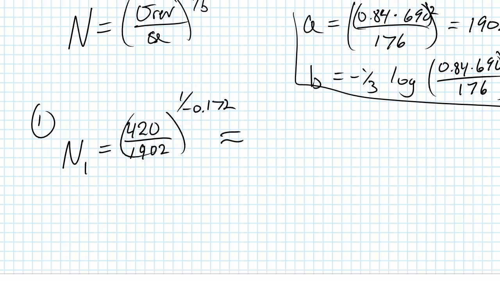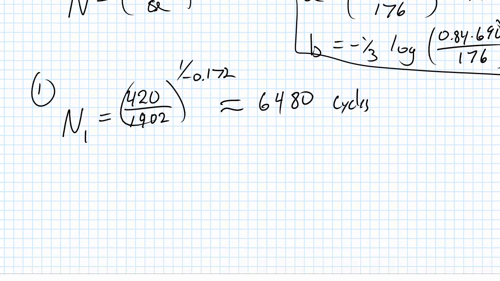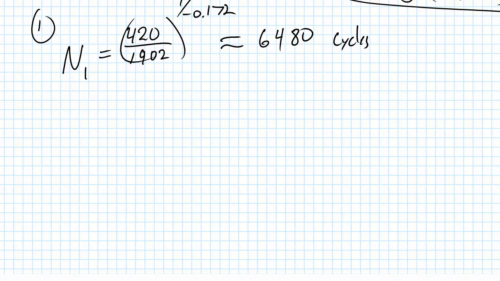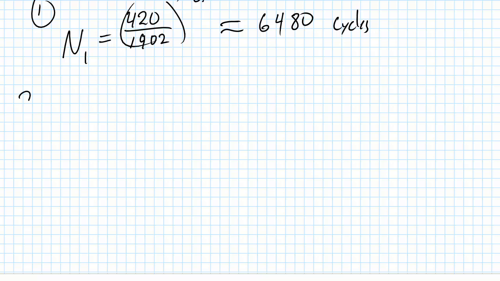This gets you about 6,479 cycles. It's a little too precise, but we'll call that 6,480 cycles. Again, we probably don't need to be this precise with it, but we'll see how this adds up in the end.